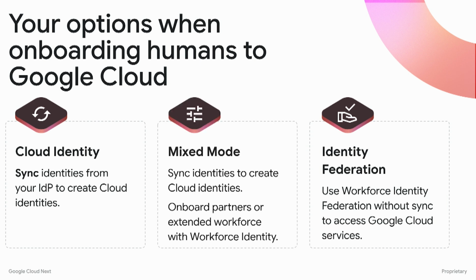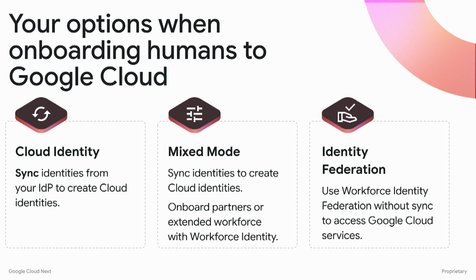Or what we are seeing customers do is use mixed mode. They have Cloud Identity, but maybe they want to try out scenarios like Power BI being able to access data sitting in BigQuery. That's a great use case for portions of their deployment using identity federation. Or maybe they just acquired a new company and they are not ready to merge the IDPs, but they want to give access to the new workforce to the existing cloud environment.